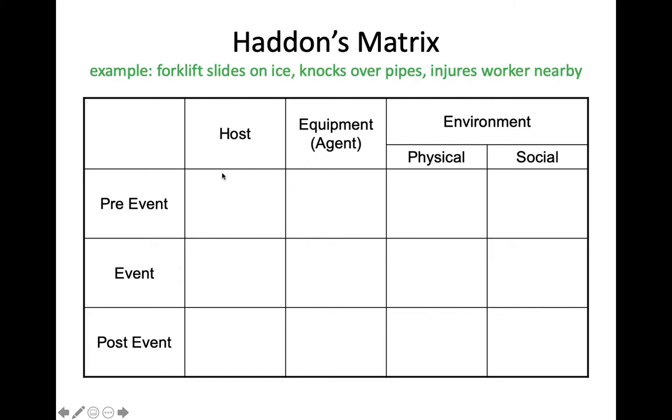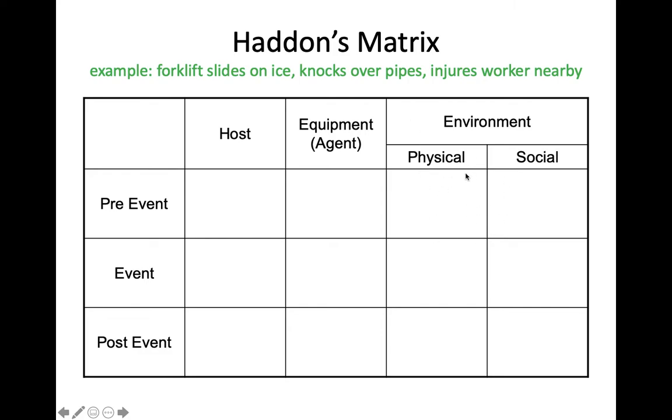Maybe you would want to think about: was that operator in a hurry, or did he not sleep the night before? And in terms of the equipment itself, was there some service history with the forklift? Were there brakes that were not working? And was there something in the environment that caused this injury to happen?